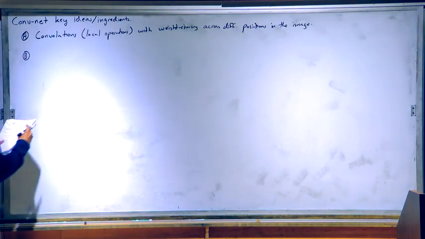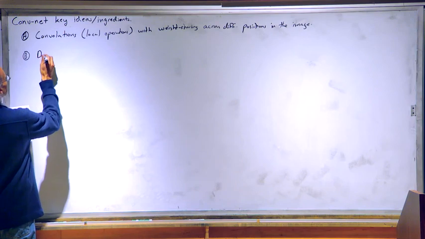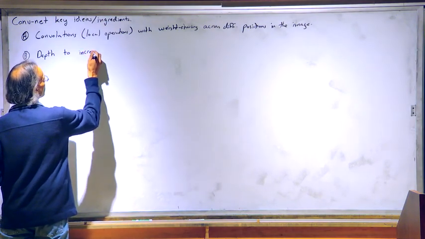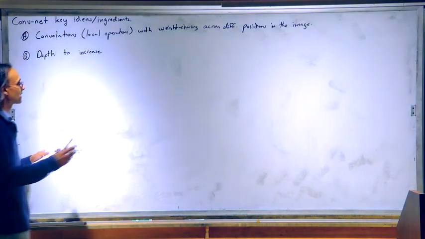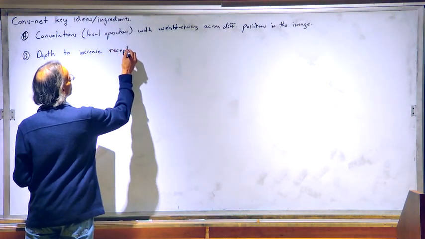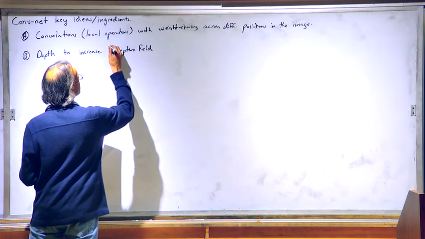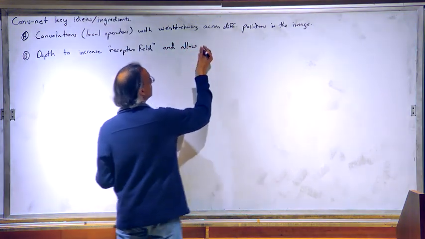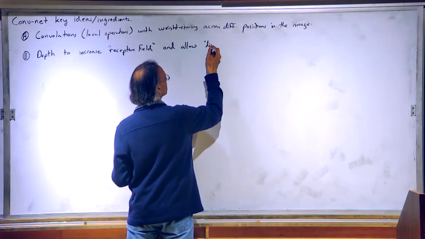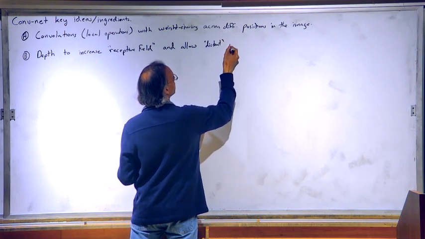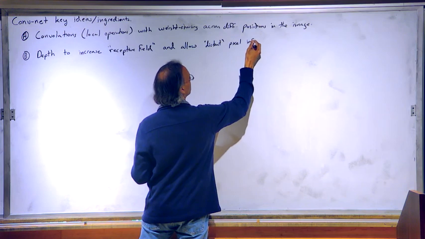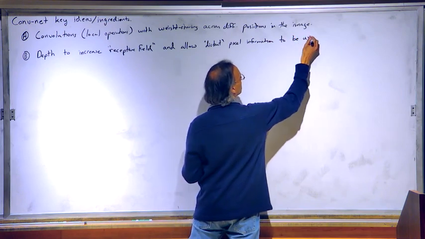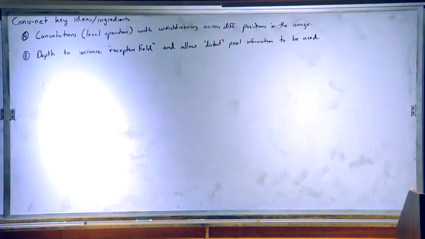You have the idea of depth, to increase the receptive field and allow distant pixel information to be used. Because you have this idea of a CNN as having depth.